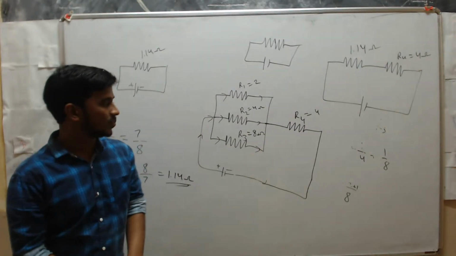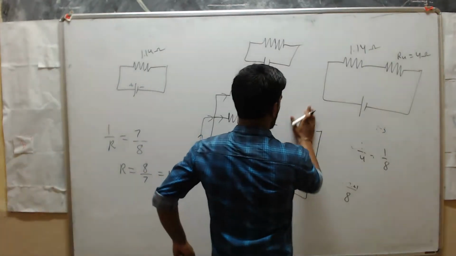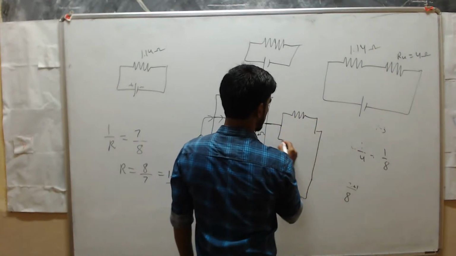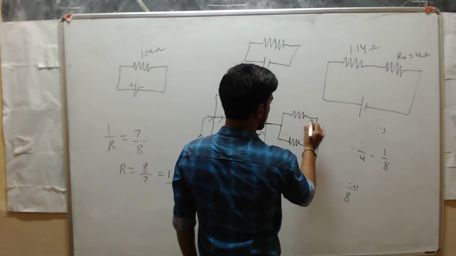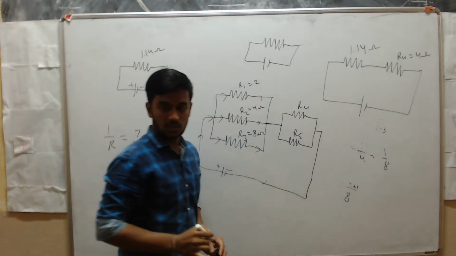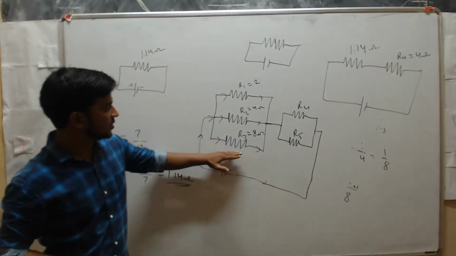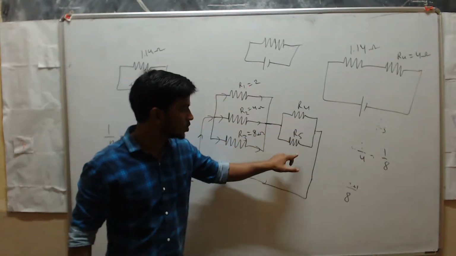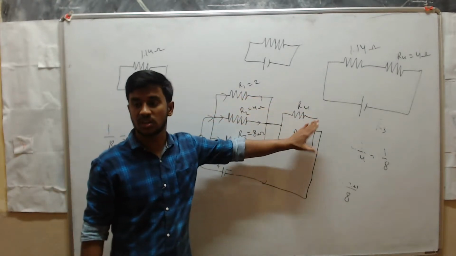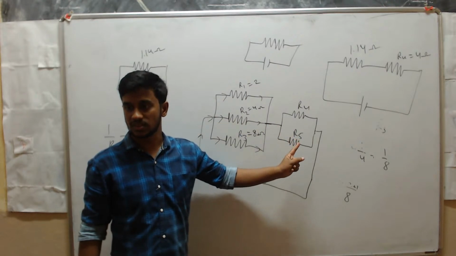Suppose we have a circuit like this. This is R4 and R5. Now these 3 are in parallel and these 2 are in parallel, but this combination and this combination both are in series.